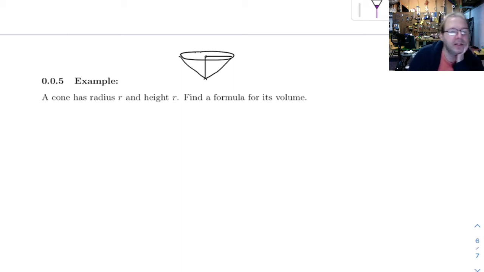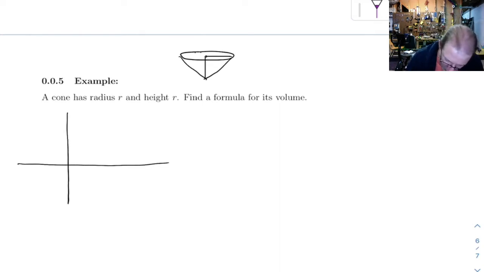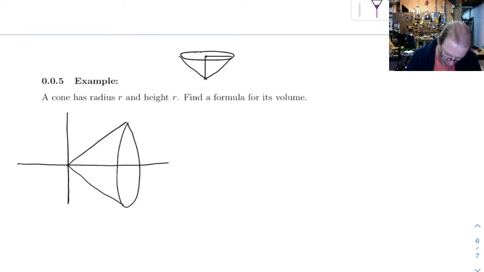Like that. So what we need to do first is come up with a function that we can rotate around something to get this. And I think what we can do here is just take the curve y equals x. And you could rotate that around the x-axis and get the cone we want here, where the radius and the height are the same.